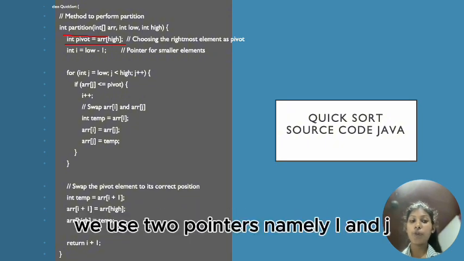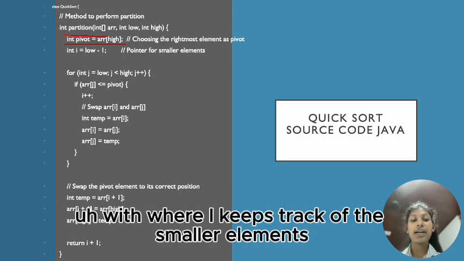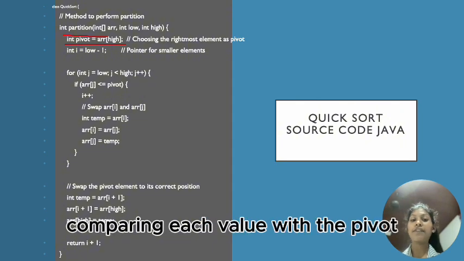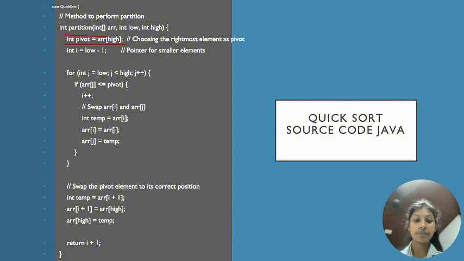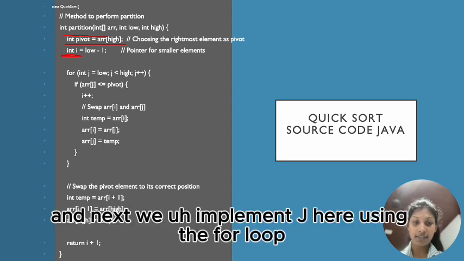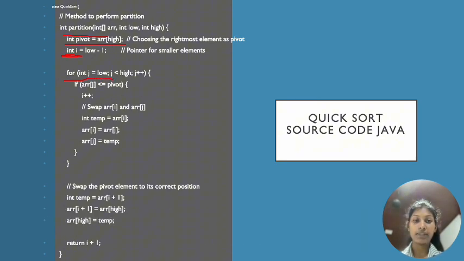We use 2 pointers, namely i and j, where i keeps track of the smaller elements and j moves through the array comparing each value with the pivot. Here we initialize i, and next we implement j here using the for loop.